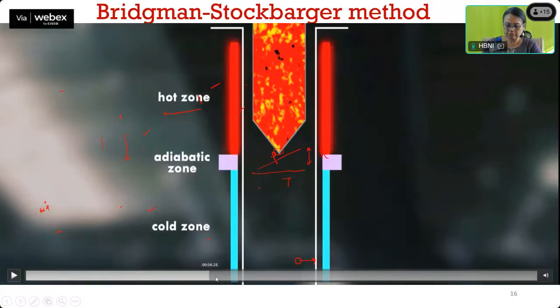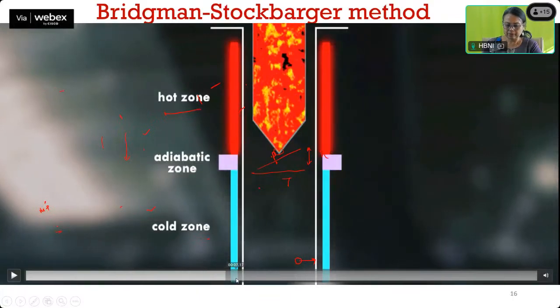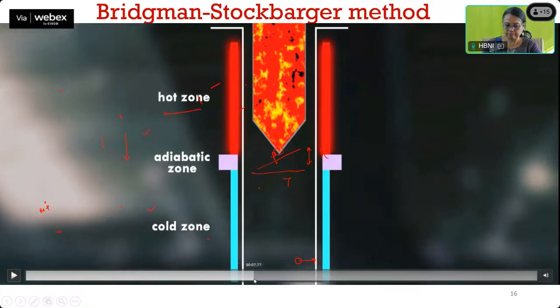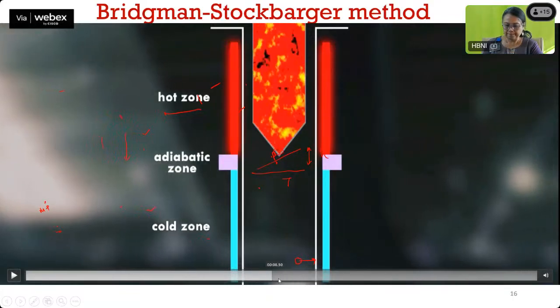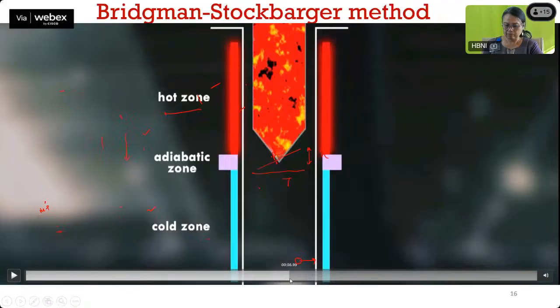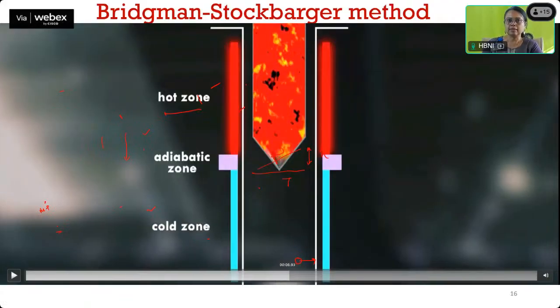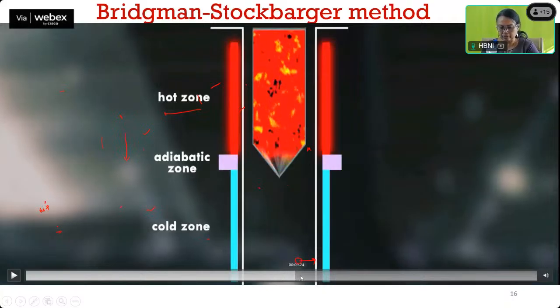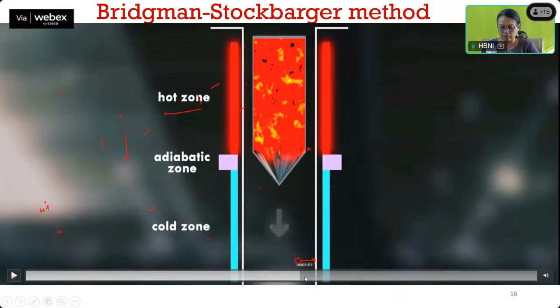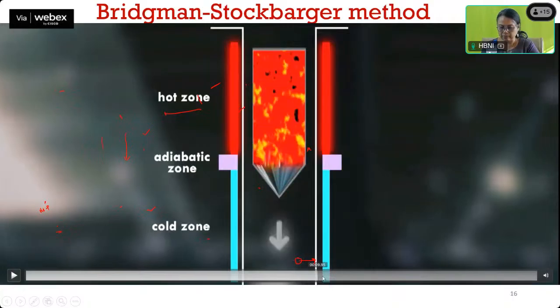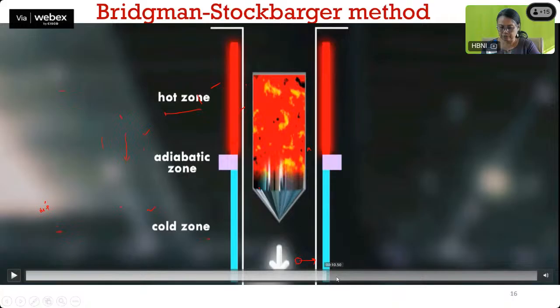It is coming down, coming down. Okay, so you see the crystal has started growing. Can you see it? At the tip, the crystal is growing. As it comes down, the crystal gets larger.